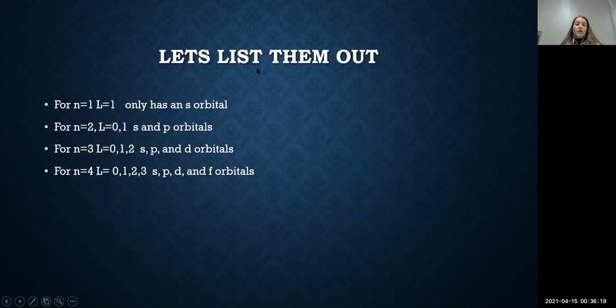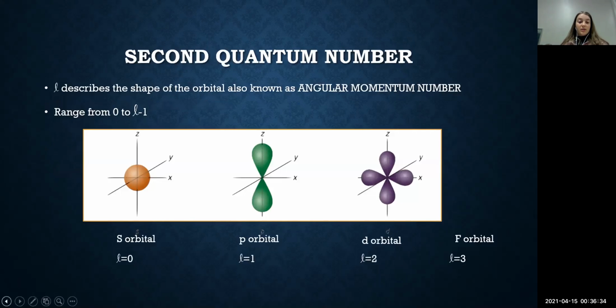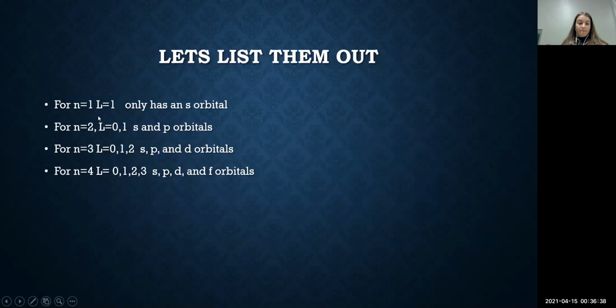So if we want to list those out, how do they relate to the N number? If we have energy level 1, that's only going to have an s orbital. It's only going to have L equals 0, because L minus 1, there's just 1.